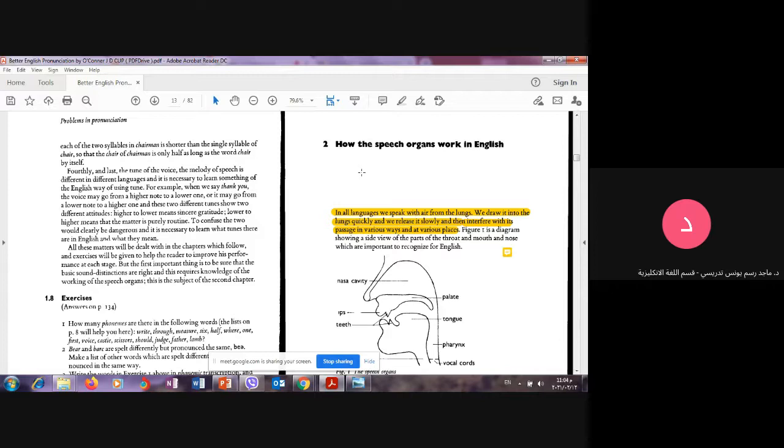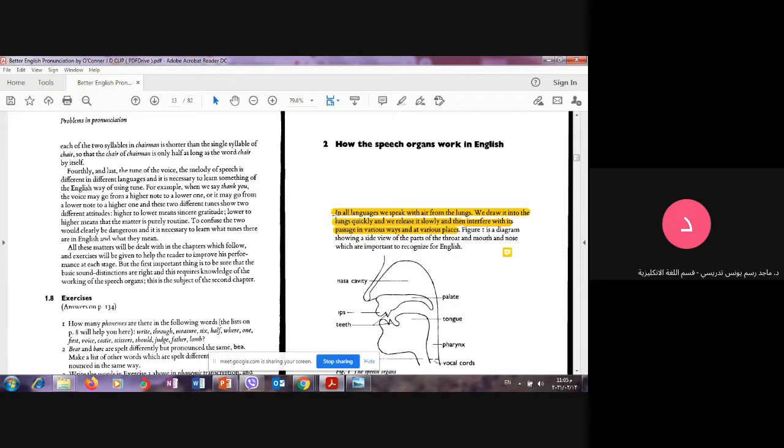Whenever we are producing a sound like R, like A, like O, the air is pushed from the lungs and goes into the windpipe, the air passage. As it moves through the windpipe to the larynx and enters the oral cavity, many changes happen to the air. And these different changes result in producing different speech sounds.